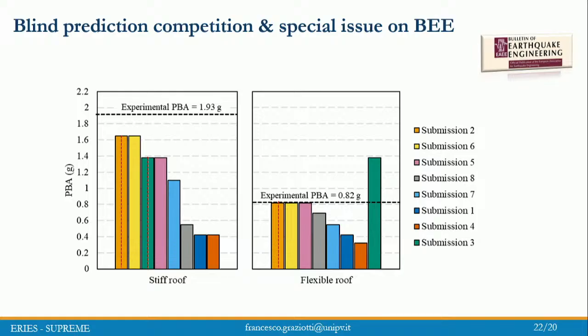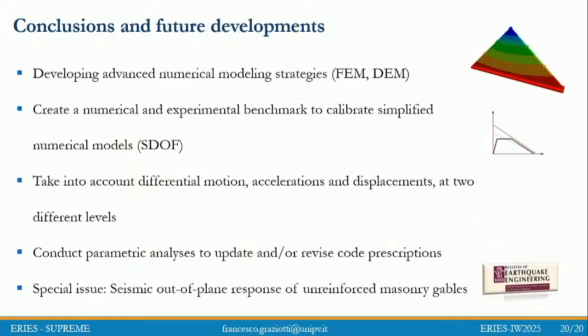And we are also very happy that the top ones, the two or three that performed best, did a very good interpretation, a good blind prediction of the test, both the rigid one as well as the flexible one. So the results of this will be published next month.